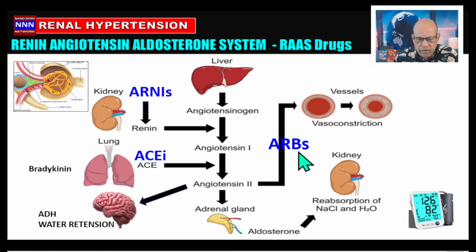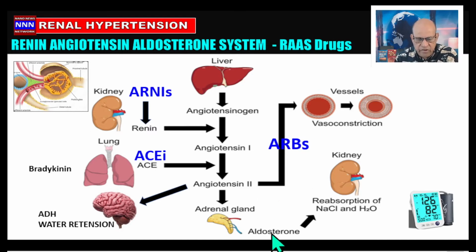The third group of drugs are, of course, the angiotensin receptor blockers, which block angiotensin 2 from acting on the receptors on the vascular smooth muscles, causing vasoconstriction. Thus, angiotensin receptor blockers literally block the action of angiotensin 2 on the vascular smooth muscle, thus reducing the systemic vascular resistance and reducing the systolic and diastolic blood pressure.